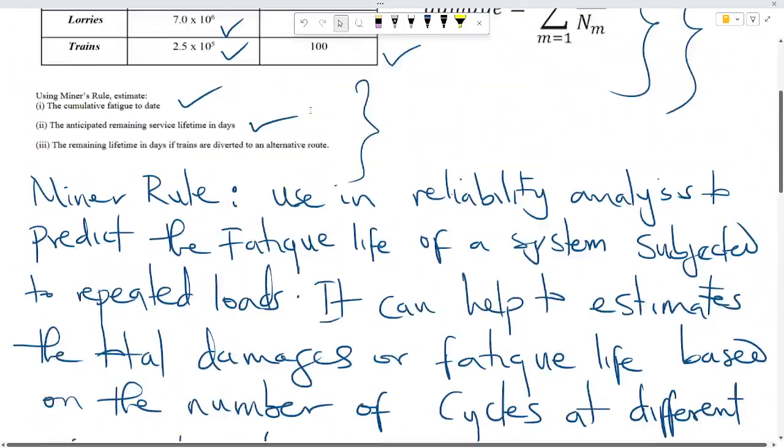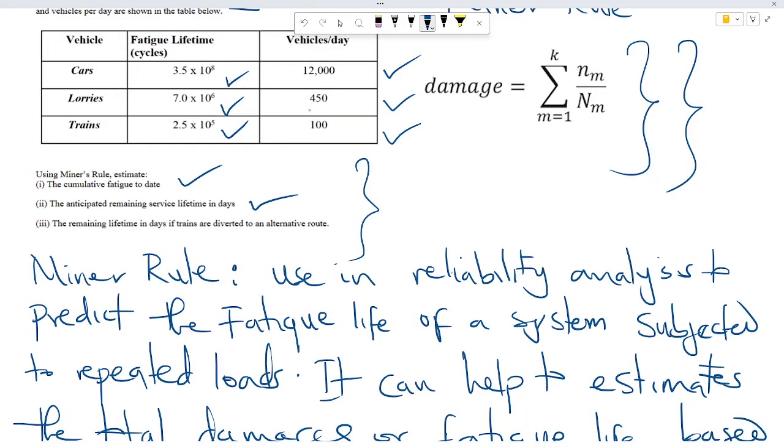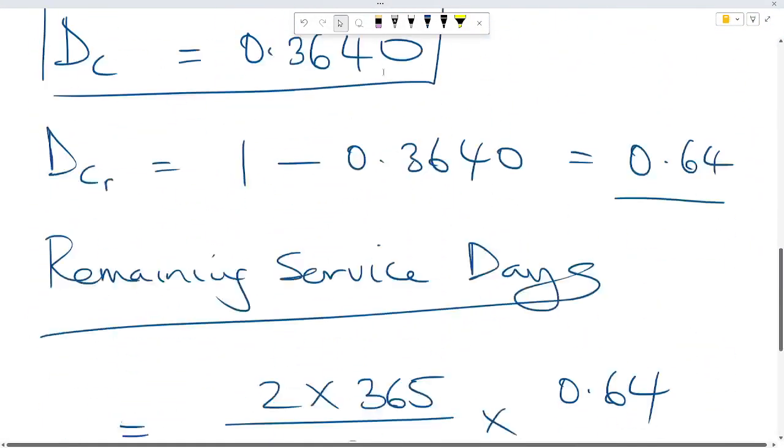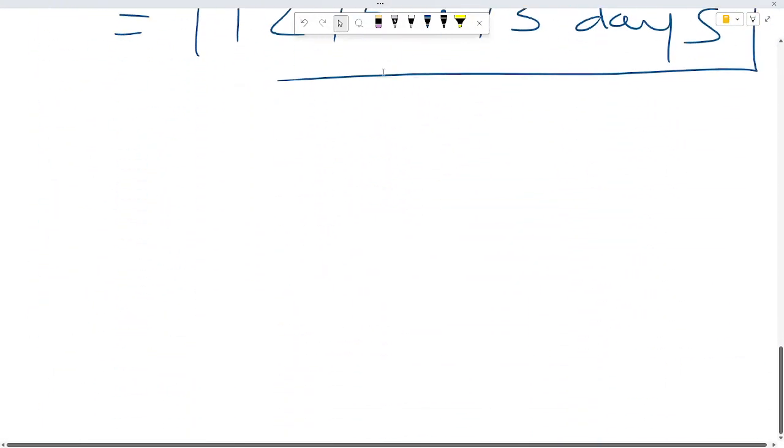Now we are asked to calculate the remaining lifetime if the train is diverted. So that means we will cancel all the values for the train. So we use the values for the car and the lorry.